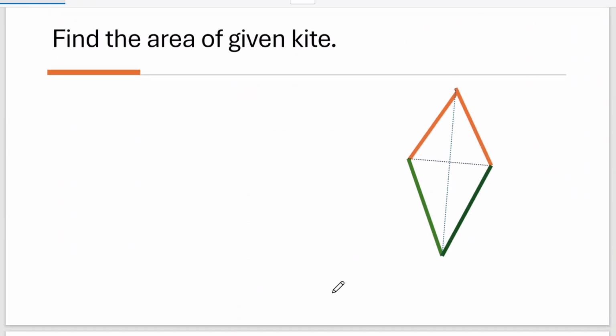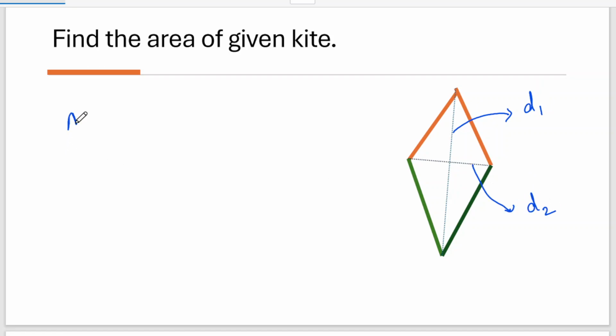Next, find the area of a given kite. See, we have got two diagonals. Let us call this diagonal 1 and this diagonal 2.